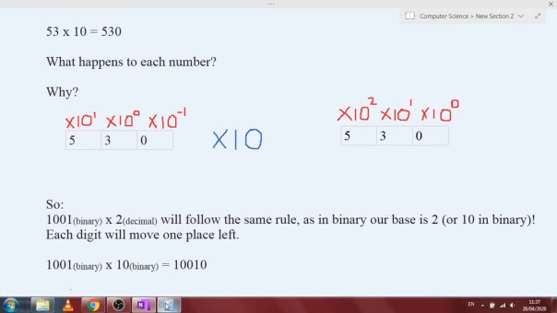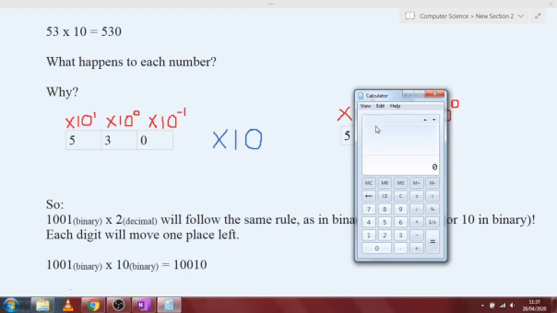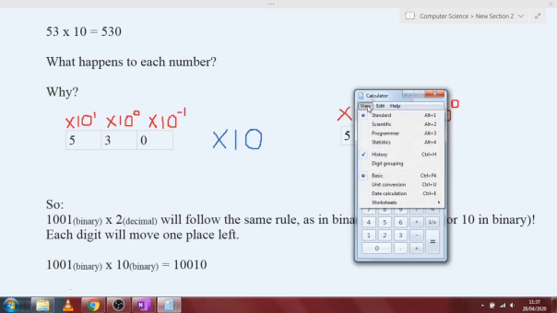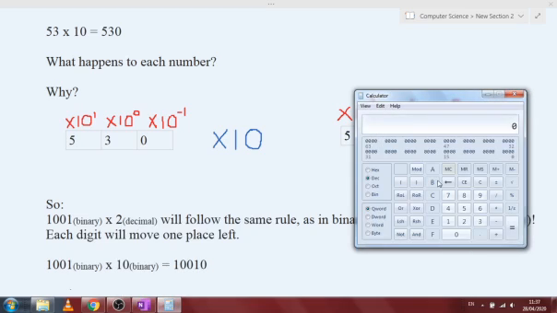Let's take a look at this on the regular computer calculator. So here is my calculator. If I click View and go to Programmer, it pops up here. So I get over here my number systems. So the long-winded way we could do this is we could type 1001 in binary. We can convert that to decimal. We could do it the long way, but this will do it for us, and that's 9.